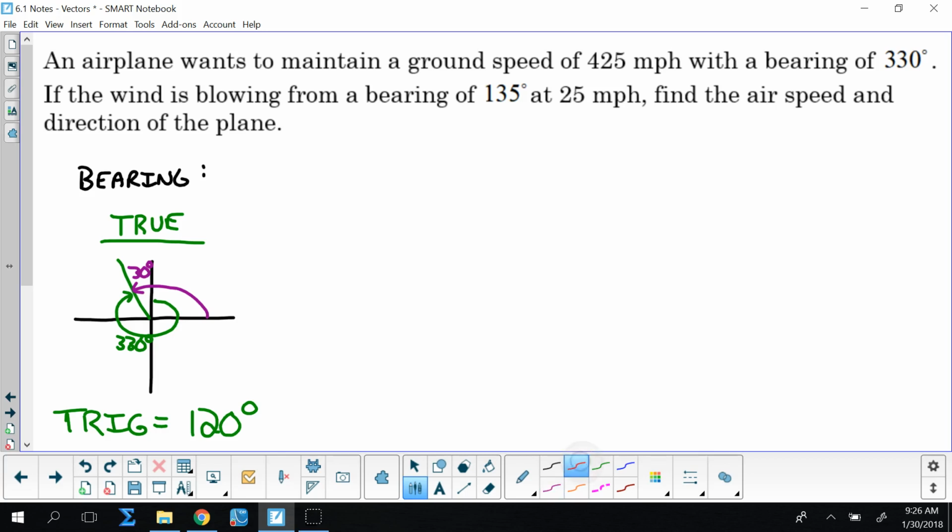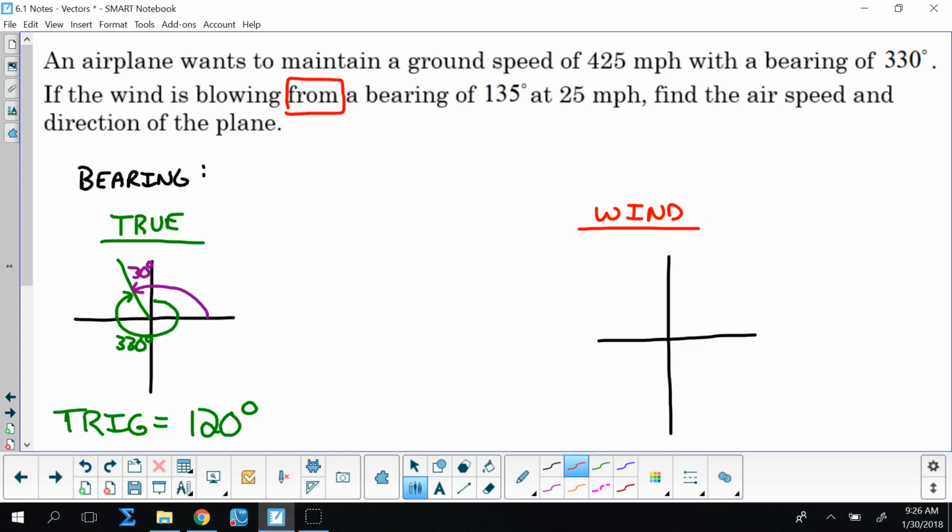Now, let's talk wind. Why is wind the tricky one? It's from instead of to. Okay?